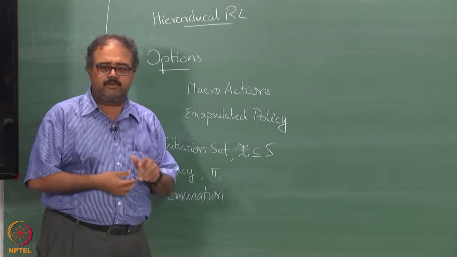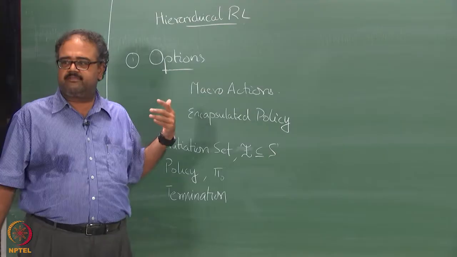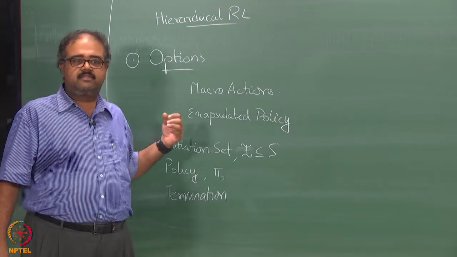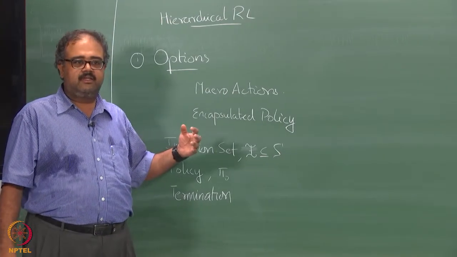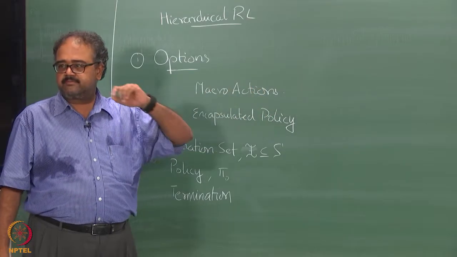I will elaborate a little bit more, but it can be given as a mapping of a history of things that have happened since I started doing this to the next action, right.